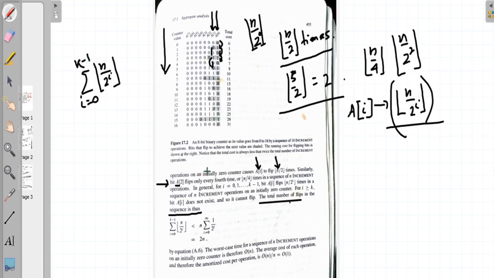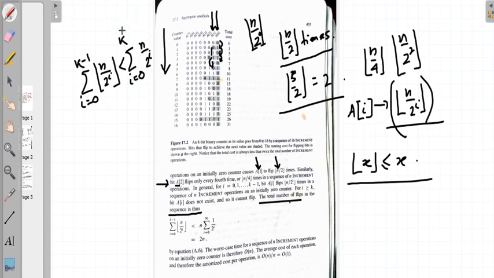Now we can write that this is less than the sum for i equals 0 to k of n by 2 power i, without the floor. Floor x is less than or equal to x, so that is definitely true.